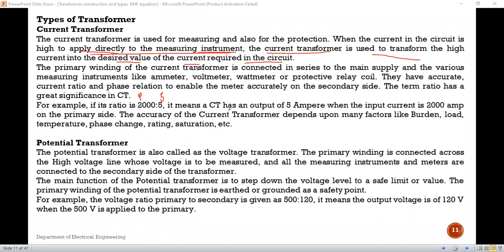It means the CT has an output of 5 ampere when the input current is 2000 ampere, that is, when the primary current is 2000 ampere, the secondary current will be 5 ampere.